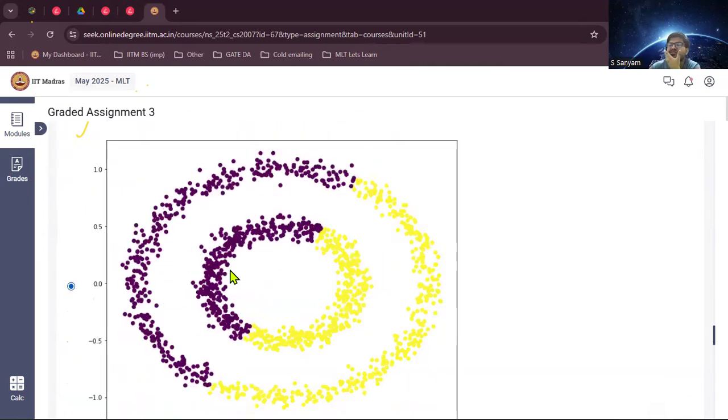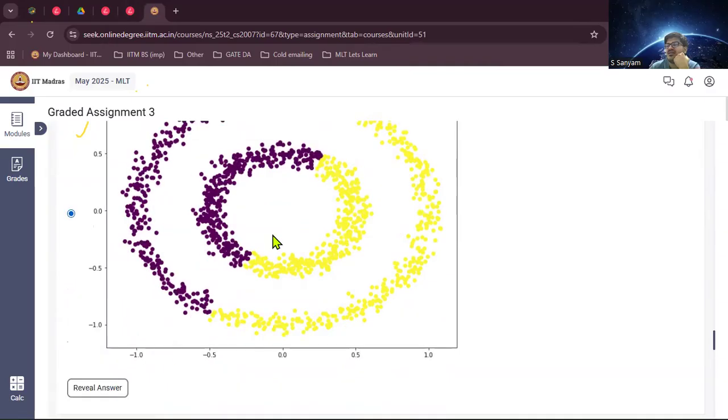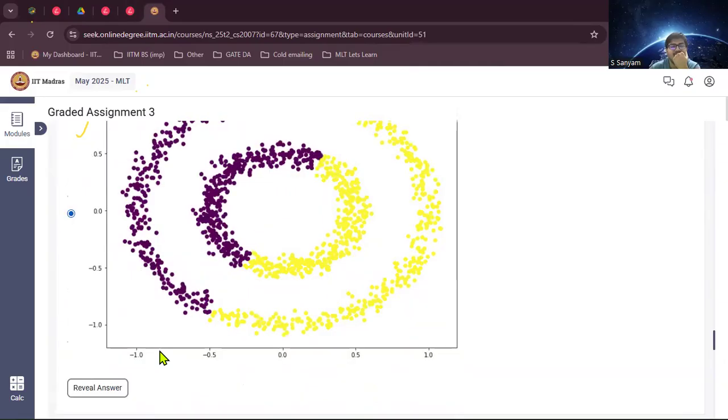Basically, we know the Voronoi divisions are the half spaces we have read. Half spaces are the perpendicular bisector of the line joining the cluster centers. These are cluster centers, and this is the perpendicular bisector. This will be the result of applying K-means.